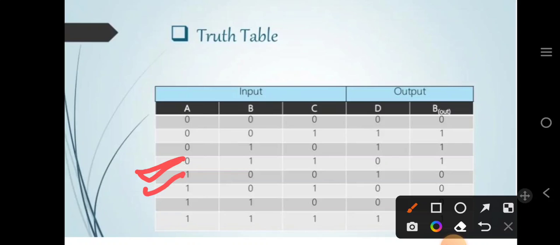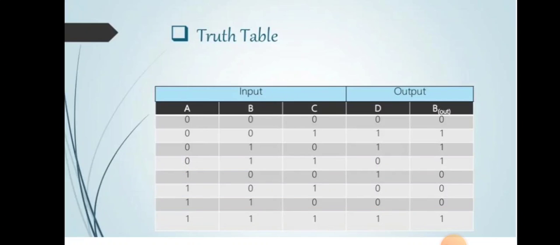If the inputs are 1, 0, 1, then the difference will be 0 and the borrow will be 0. If the inputs are 1, 1, 0, then the difference will be 0 and the borrow will be 0. And the last combination is, if all the 3 inputs are 1, then the difference will be 1 and borrow will be 1. So this is the truth table for 3 inputs of a subtractor circuit.